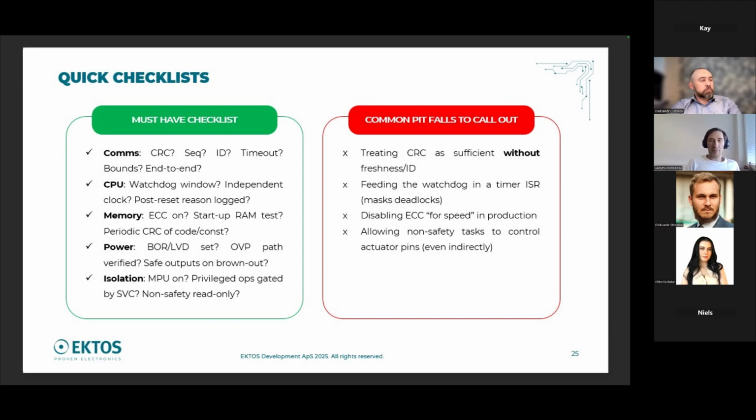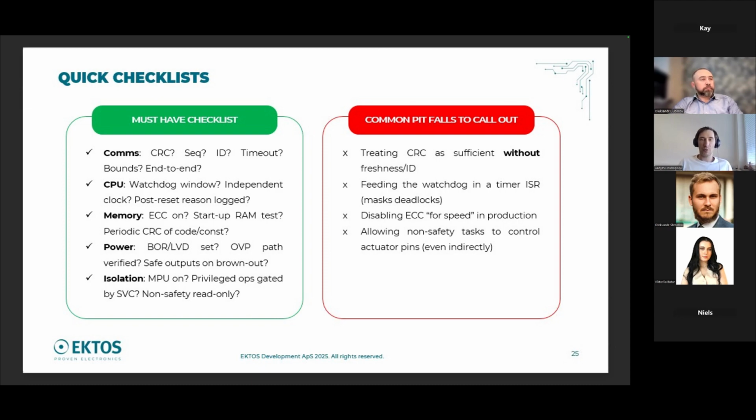And what are the pitfalls? If you are thinking that only CRC is sufficient without other measures, be sure this is not. If you feed your watchdog from a timer, it also unfortunately doesn't work. If you disable your error code correction on your memory, it is also a bad sign, and that is why you need these tools and continuous integration to be sure that it is not.